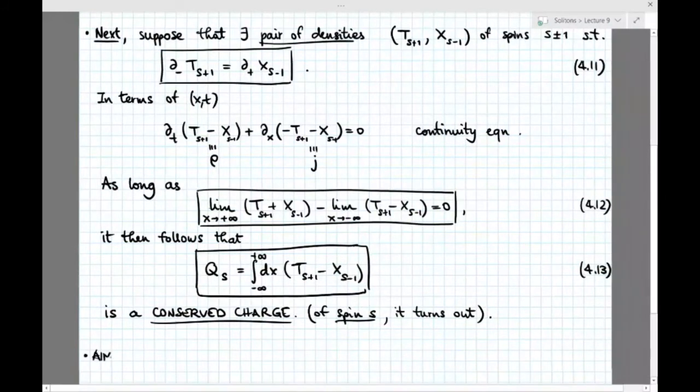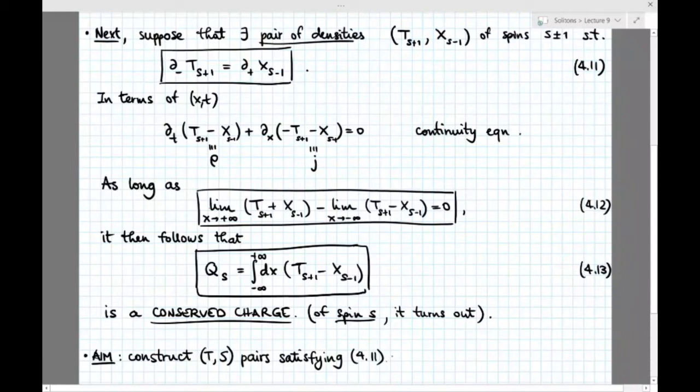So our aim will be to construct pairs of densities T and X with spins differing by 2, which satisfy equation 4.11, which is essentially the continuity equation, and equation 4.12, the condition on the limits, and that will allow us to construct a quantity 4.13, a conserved charge.